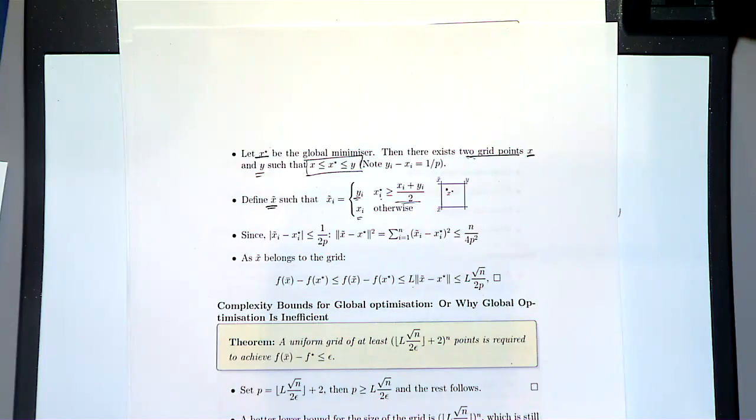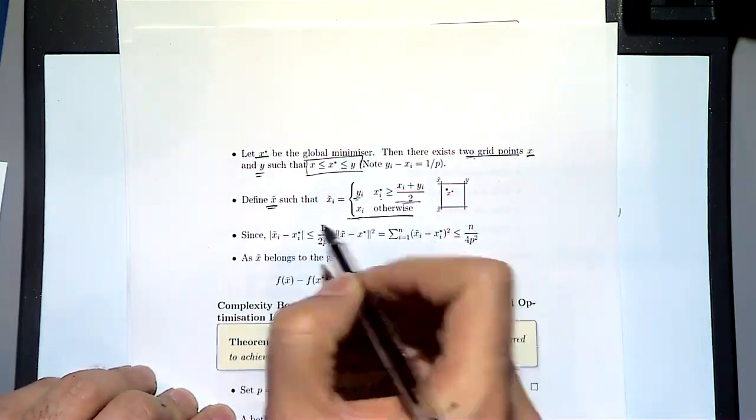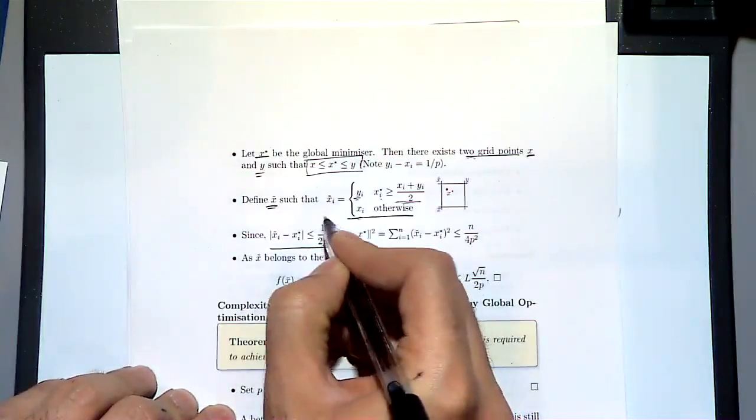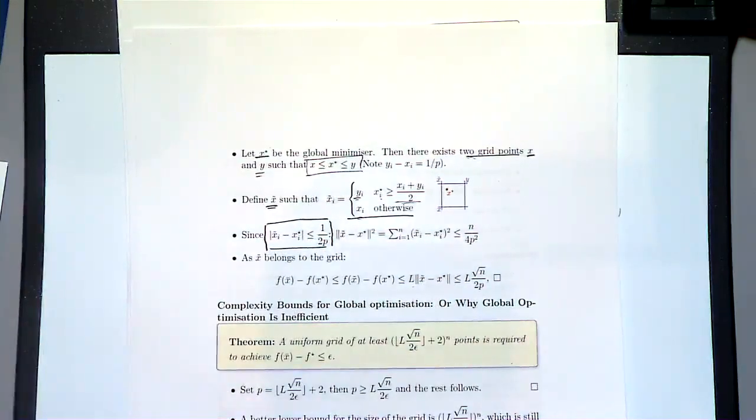Now, based on this construction, I know along each coordinate, along each direction, the distance between the coordinate of x star and this thing that I just defined is less than 1 over 2p, 2 times p. Why factor 2? Because I define it like this. I pick this guy, which is close. So if I partition this into half, I pick the one that is closest to x star.